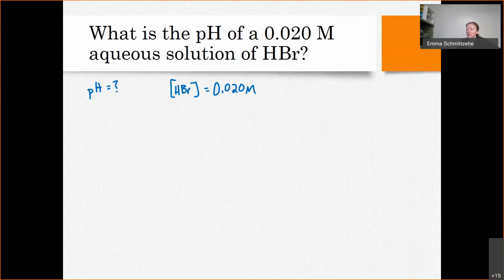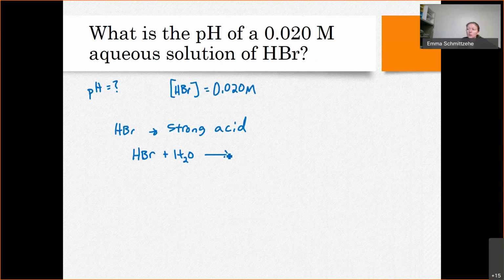So what you need to realize is HBr is a strong acid, right? And a strong acid, when we put it in solution, ionizes completely. So when we add HBr to water, it doesn't cause some equilibrium. It completely breaks up and forms H3O plus and Br minus, and this is all 1-to-1. So for every 1 HBr, it interacts with 1 water molecule and gives you 1 H3O plus and 1 Br minus.